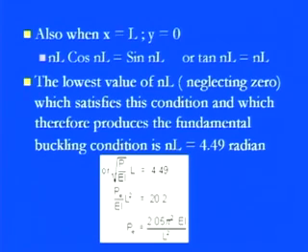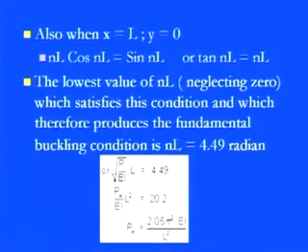So at x = L, y = 0, and we have nL cos(nL) = sin(nL), or tan(nL) = nL. We take the lowest value of nL, not going with 0, which satisfies this condition and produces the fundamental buckling condition where one end is fixed and one end is a pin joint: nL = 4.49 radians, by taking the inverse and so on.